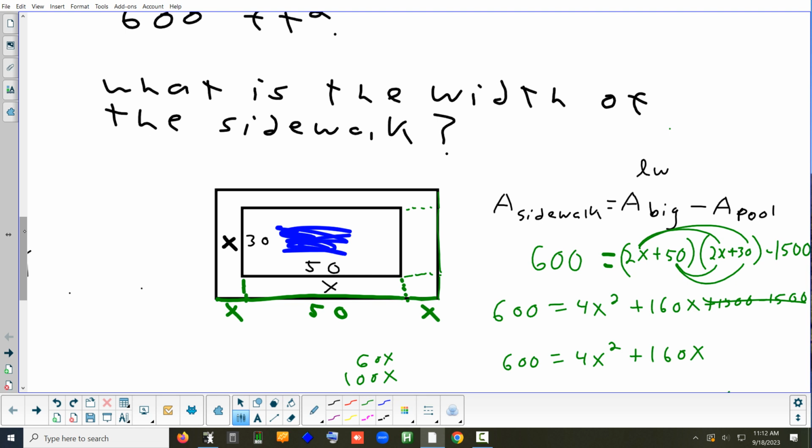So x and x for each end of the sidewalk, then the pool part, and then on the width, x and x for the sidewalk, and then this is the pool part. And then we added them. Oh, so you just took two of the x's. Because there's a sidewalk on each end of the pool. So you added that in to account for the whole length of the sidewalk. Okay, that makes sense. Thank you. You're welcome.